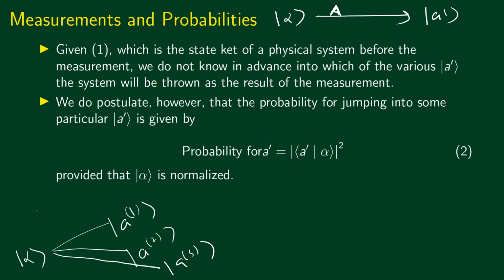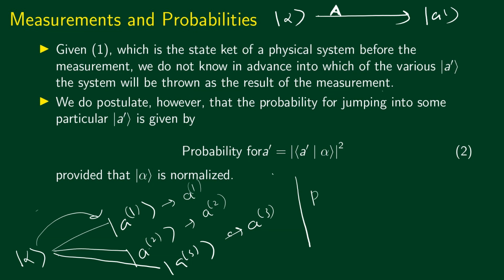When I say that the state has changed to ket A1, that also means that the measured value is A1, the eigenvalue. If it has changed to ket A2, the measured value is A2. If it has changed to ket A3, the measured value is the corresponding eigenvalue. So quantum mechanics tells us the probability for measuring a particular eigenvalue.